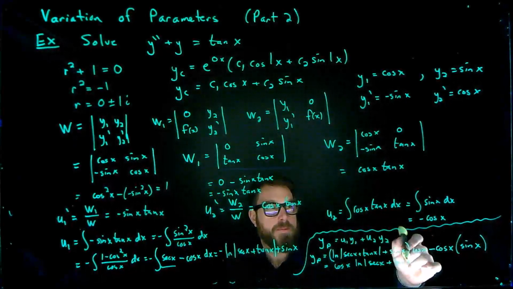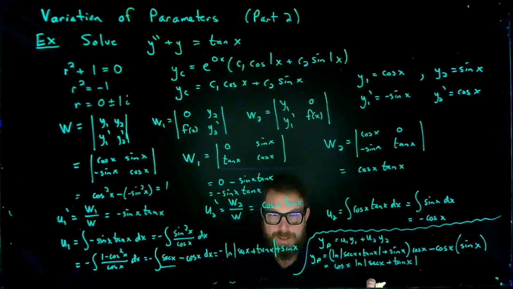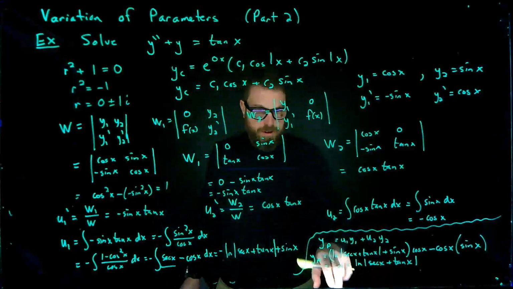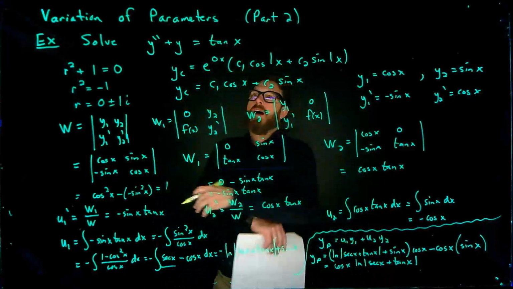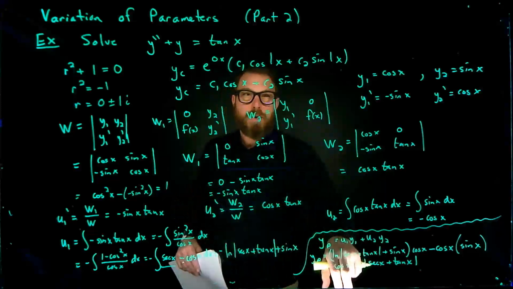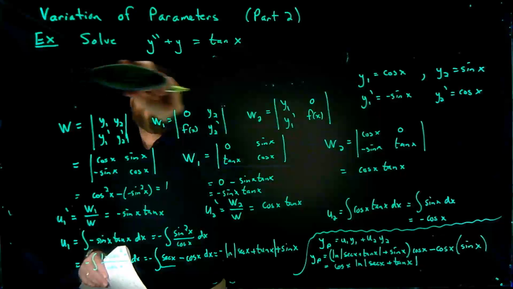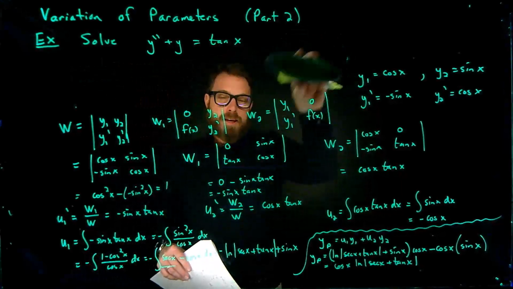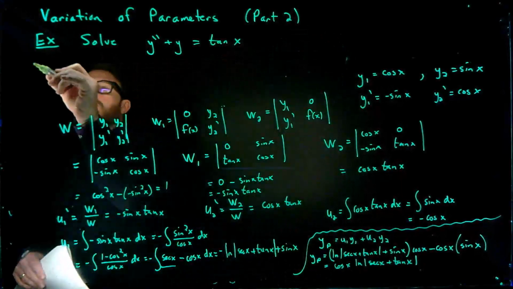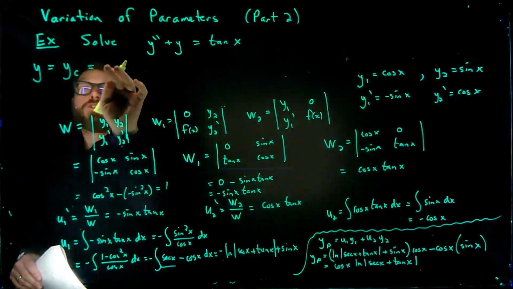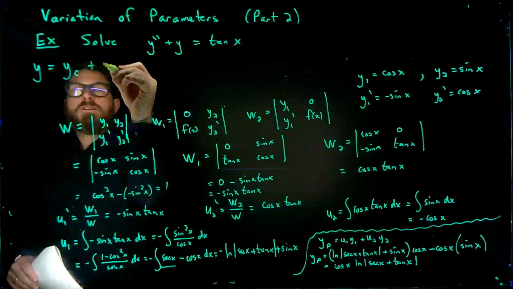Okay, now remember that, oh my gosh, I'm out of room. I'm going to go back up here. So this is our y sub p. Remember that our full solution, which I will write underneath this thing, is y equal to the complementary solution plus our particular solution.